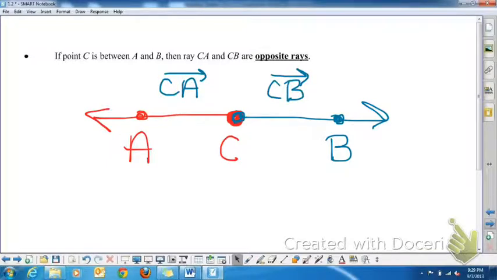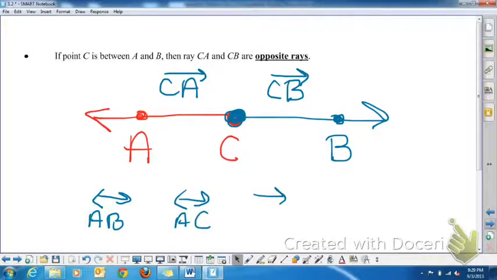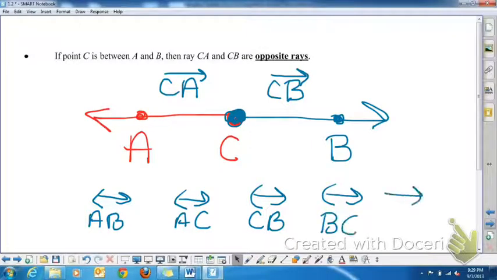They are opposite rays because they have the same initial point. And they all together form a line. You can name this line AB, line AC, line CB, line BC, line BA. Lines can be named forward and backwards. Rays have to be named with their initial point first.